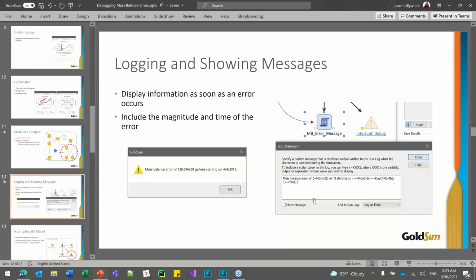Also, in GoldSim 14, which will be released shortly next month, October, in our October webinar Rick will be introducing the new features in GoldSim 14. I will just, out of necessity, be telling you about a couple of them.